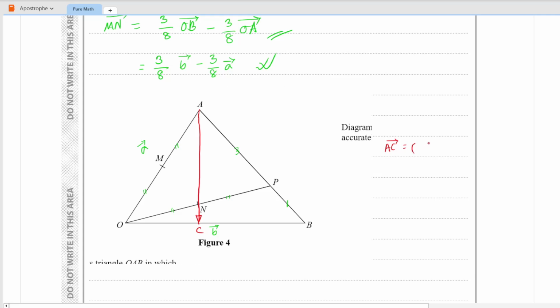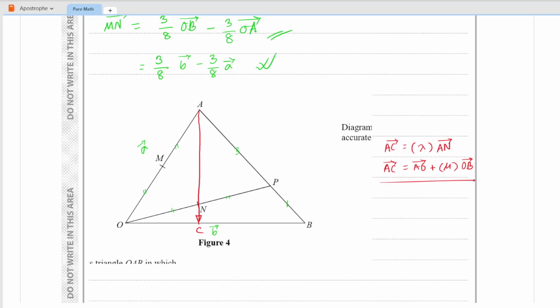First of all, something multiplied by AN, because it is parallel to AN, or we can say AC is equal to AO plus OC, or something multiplied by OB. So if this is, let's say, lambda, and this is mu. Okay, so basically we have to find the value of lambda and mu to actually calculate AC, and from AC we can actually calculate OC, because we already know AO.